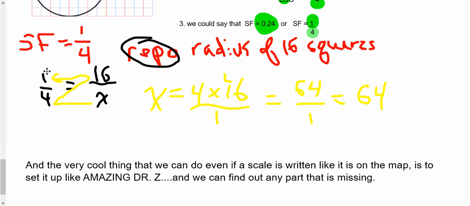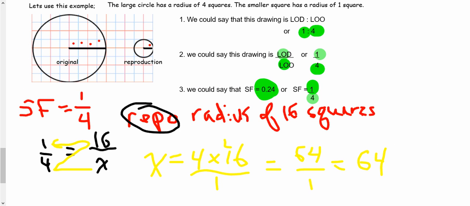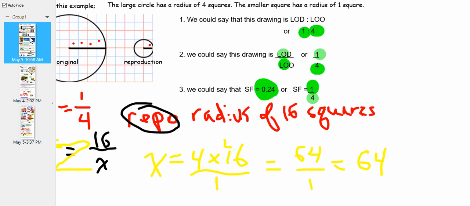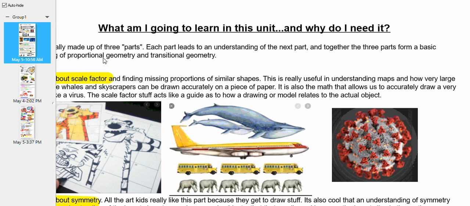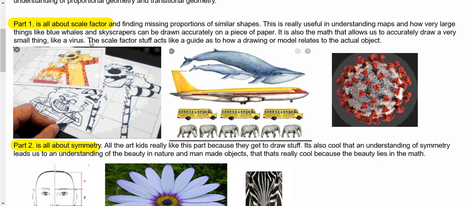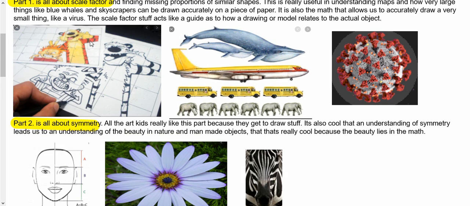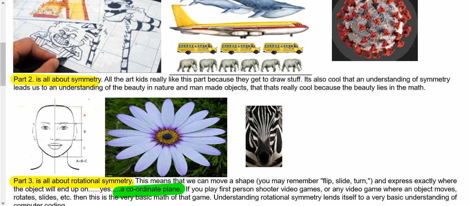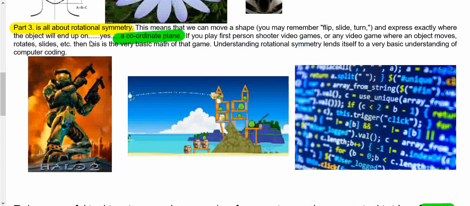That brings us to the end of scale factor. Without getting you all bored, basically, scale factor is a ratio, and it tells us how things change from getting bigger to getting smaller. As it changes, every part of it changes in the same way.